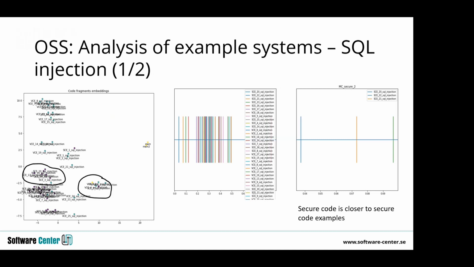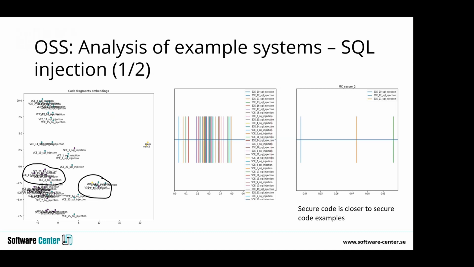So I take this yellow dot over here and try to see if it's surrounded by secure or insecure dots. And then I can see that in this case, the top three closest modules are actually secure code examples.